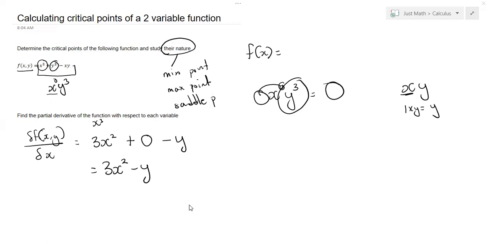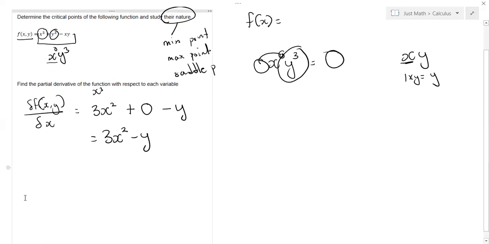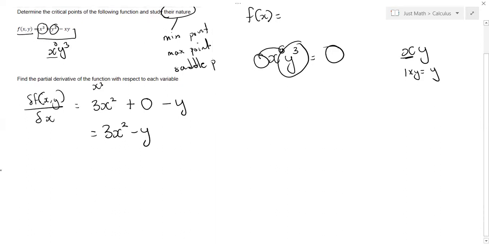All right, so let's go to the other one. The derivative of f of x, y with respect to y now. The first one we have is x cubed. Like I said, you can just treat x as a constant and the derivative will still be 0.